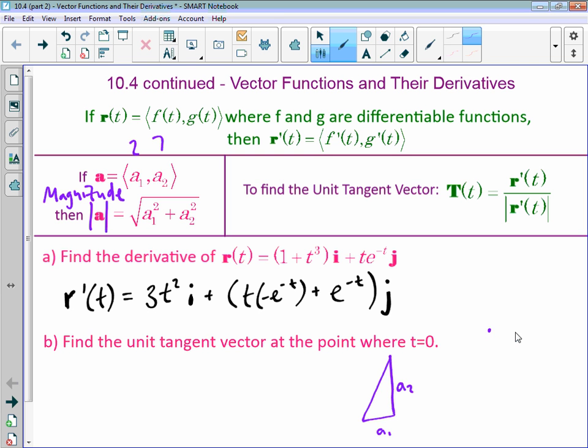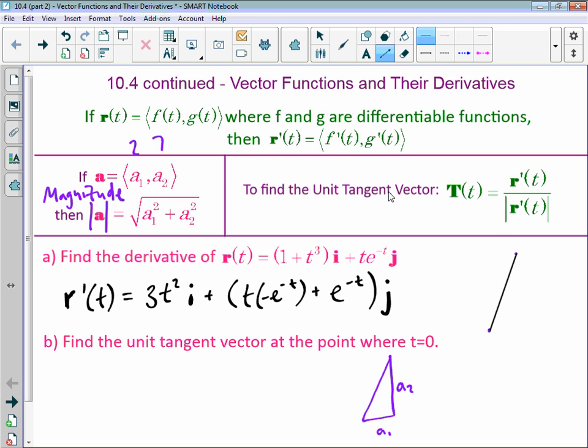You're going to the right 2 and you're going up 7. So if you're trying to find the length from here to here, wouldn't you do 2 squared plus 7 squared and then do the square root of it? So that's all this is here. So do you have to really memorize that formula? Not so much, as long as you realize you're finding the length of it. You should be able to find the length of it. Okay, so that's the magnitude.